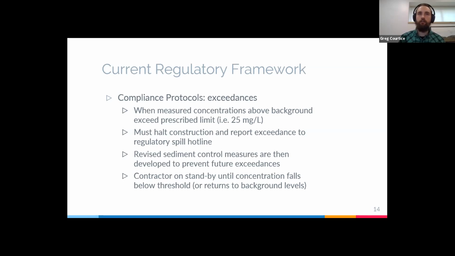And the contractor, meanwhile, is on standby waiting till concentrations fall and return to background, and developing a new plan. And with that comes a lot of standby costs and a lot of frustration. And that's where a lot of those comments come from, is that the process is frustrating and it doesn't seem to be very effective.